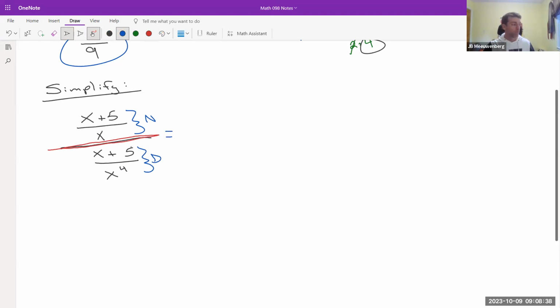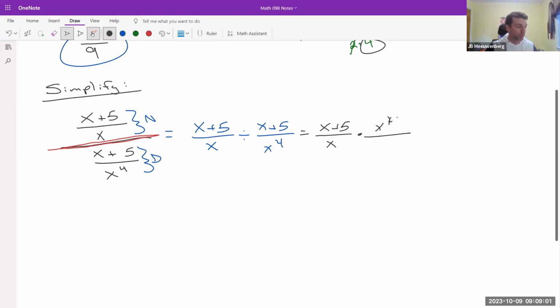So we're going to rewrite it as the numerator, x plus 5 over x, divided by the denominator, x plus 5 over x to the 4th. And then we change it to x plus 5 over x times x to the 4th over x plus 5.